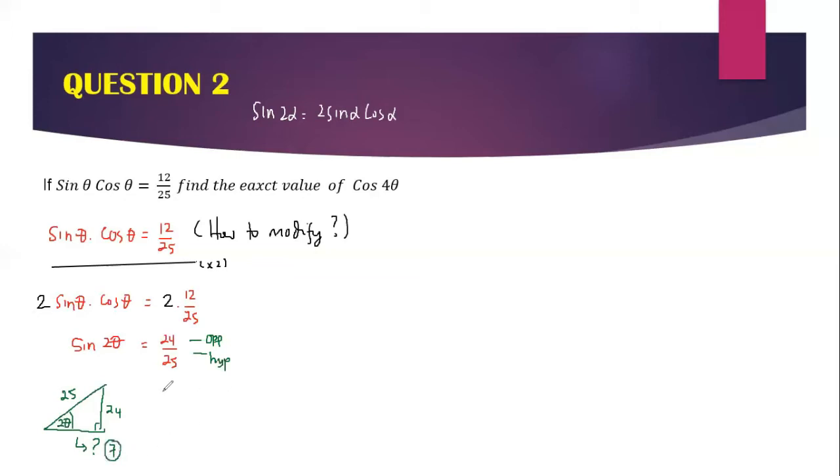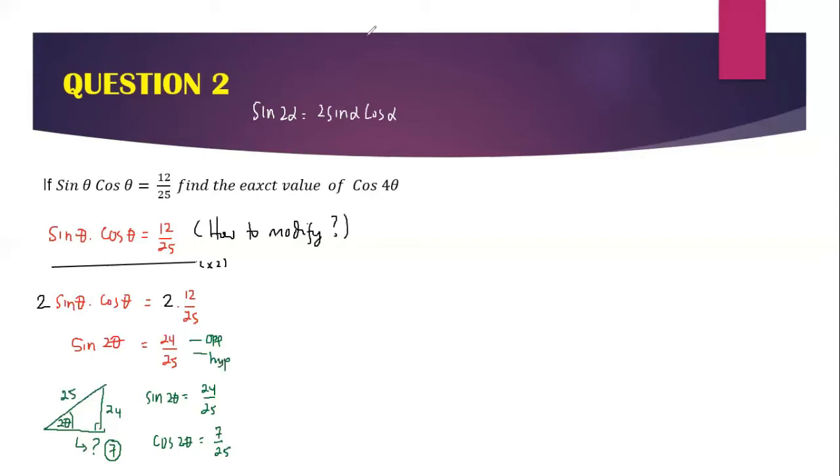Okay, good. So now you have to determine sine 2 theta is 24 over 25. So where's the quadrant? No information, right? And then cosine 2 theta is adjacent over hypotenuse, 7 over 25, right? Is it? Yes, sir. Okay, now we go to the question.